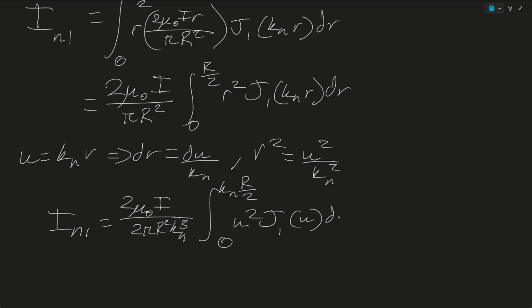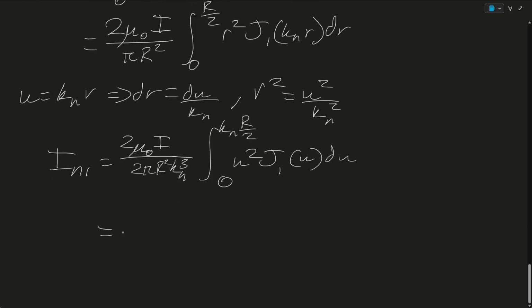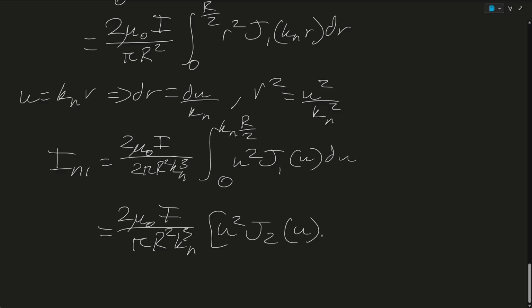Here's where our first identity comes in useful. This is 2 mu naught I over pi R squared k sub n of u squared J2 of u between 0 and k_n R over 2.